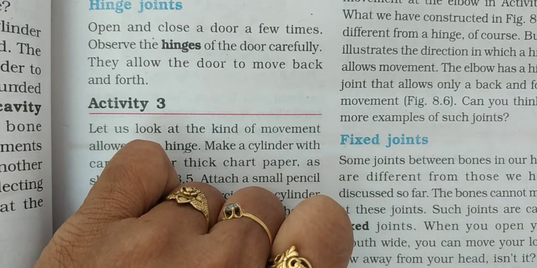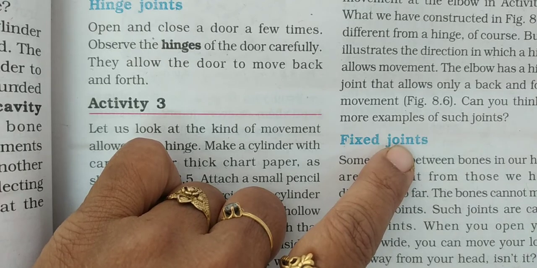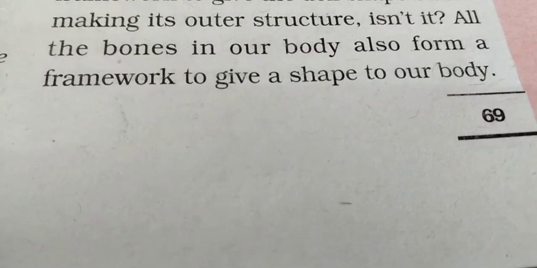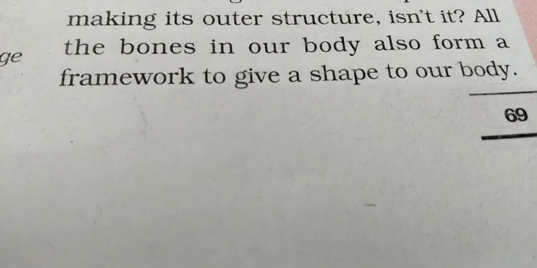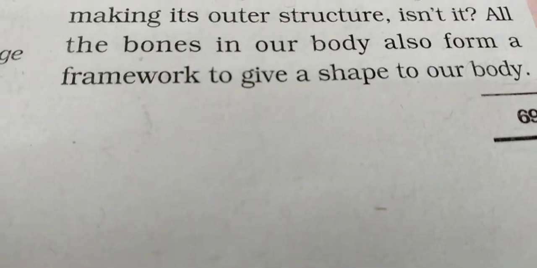Now we are going to talk about what happens when different bones are joined with the help of joints. What does it form? Yes, it forms a complete skeleton. All the bones in our body also form a framework to give a shape to our body, right?